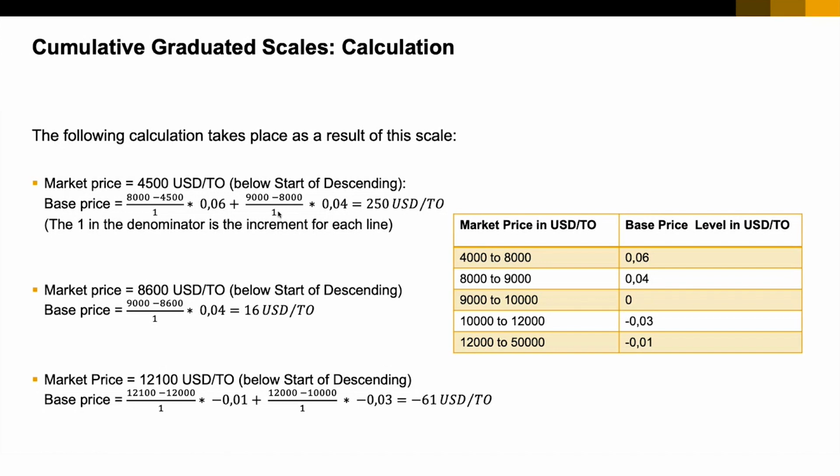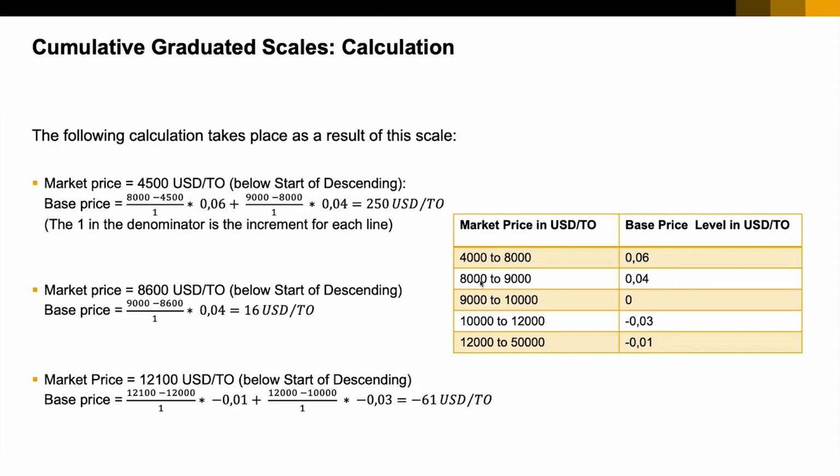And then since it's a cumulative scale, and this is the part where the scale actually becomes zero, that's why you would add on top of it the values based off this range as well.